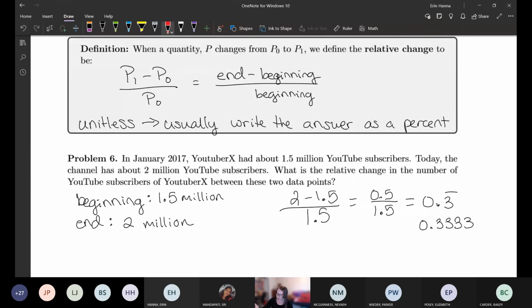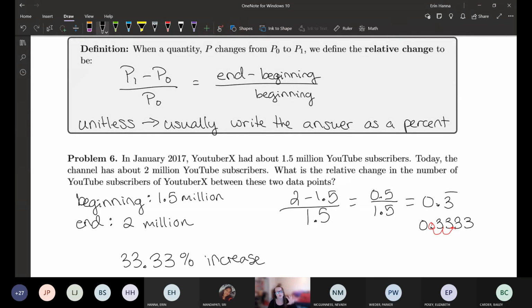If you don't remember how to change a decimal to a percent, you take that decimal point and move it 2 spaces to the right. So this will become 33.33%. And then usually with these, you also want to denote whether it's an increase or a decrease. That just depends on whether it's a positive number or a negative number. Since this is a positive decimal, this would be an increase.